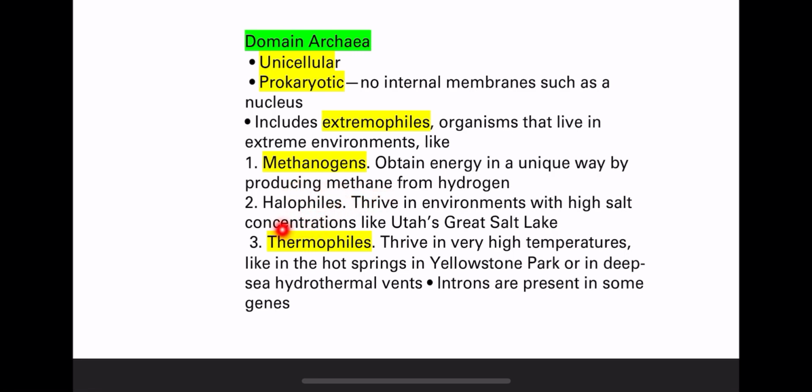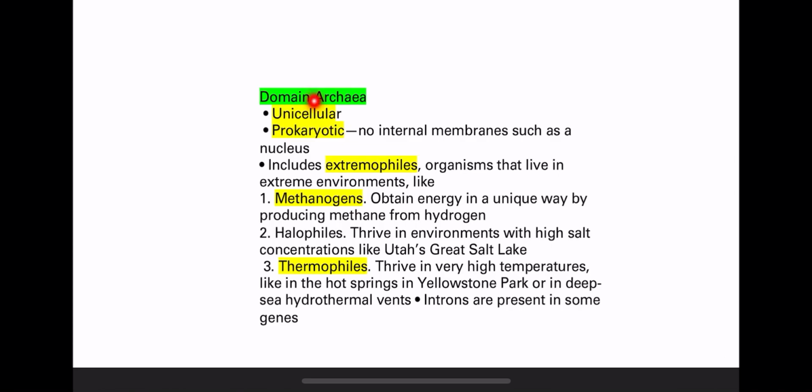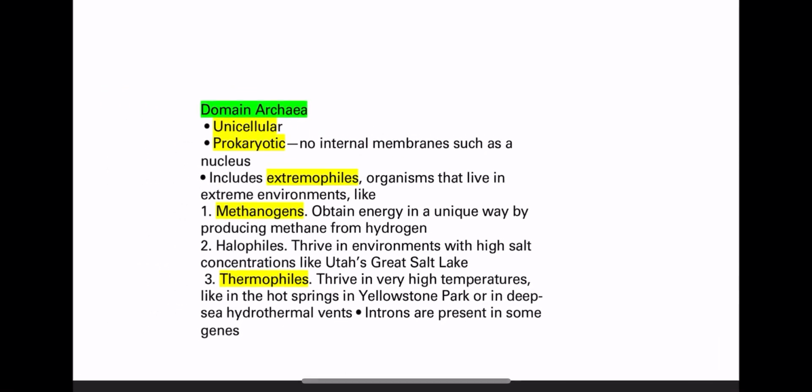Halophiles thrive in very salty environments, in very high concentrations of salts. Thermophiles, from thermo meaning temperature, can live in very high temperature. This is regarding domain archaea: prokaryotes, and most of them are extremophiles.